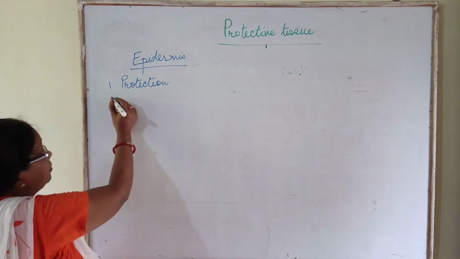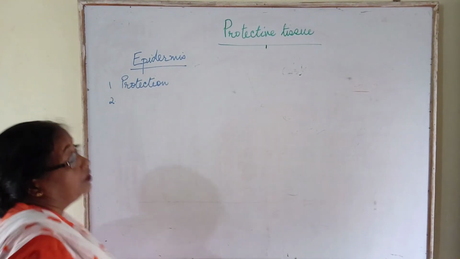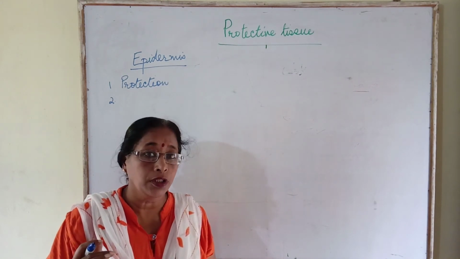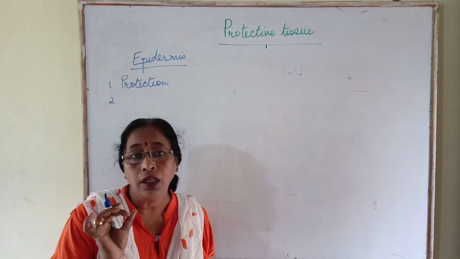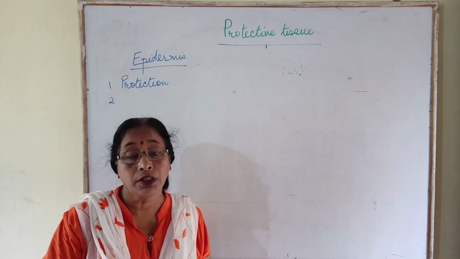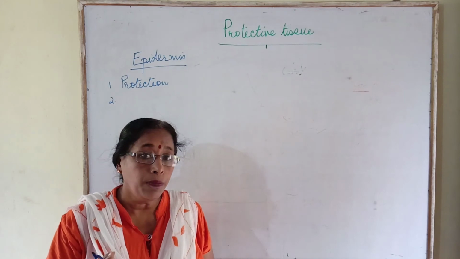The second is that it prevents the loss of water, because a cuticle is there, and this cuticle helps in the prevention of loss of water in the xerophytic plants.